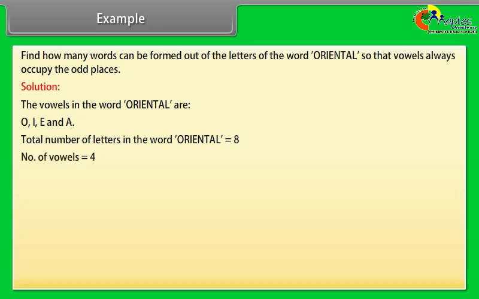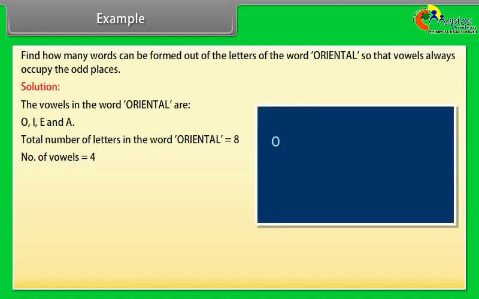Number of vowels is equal to 4. O, R, I, E, N, T, A, L. 1, 2, 3, 4, 5, 6, 7, 8.